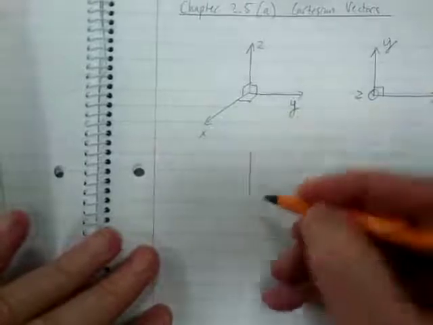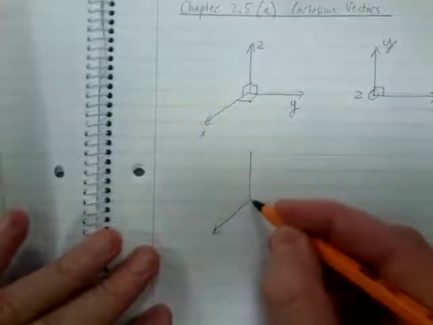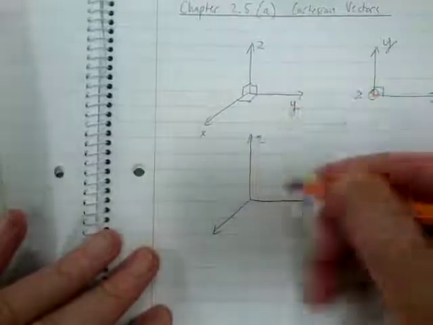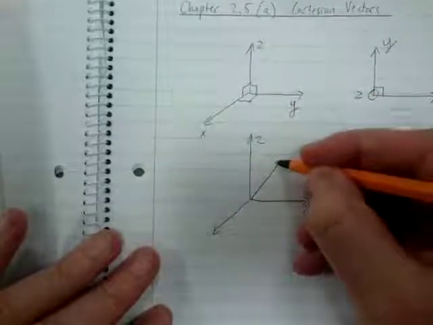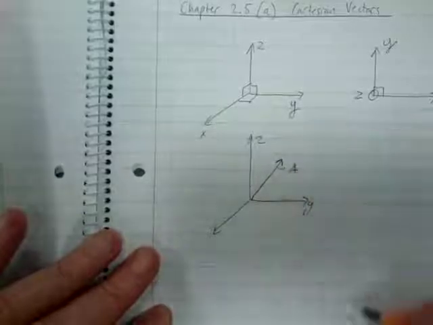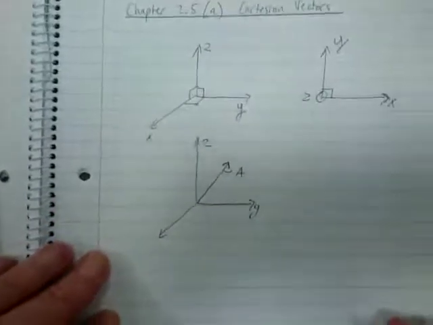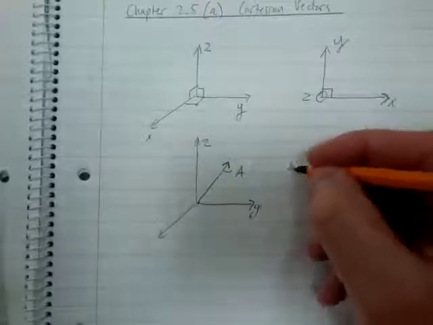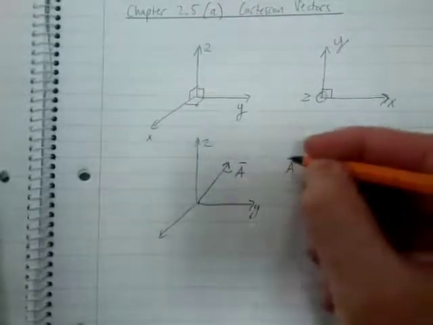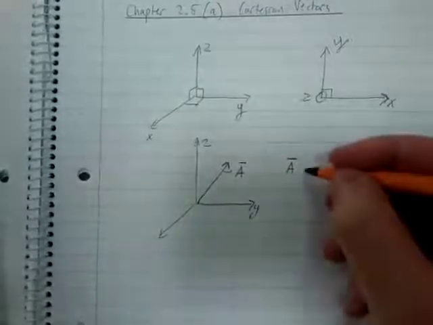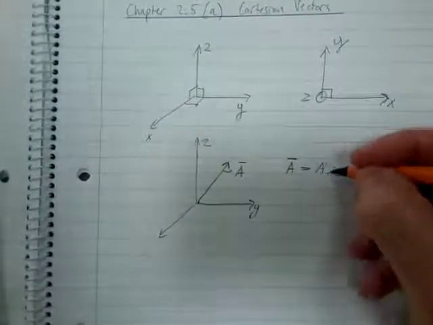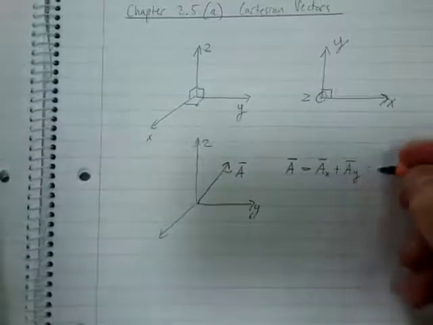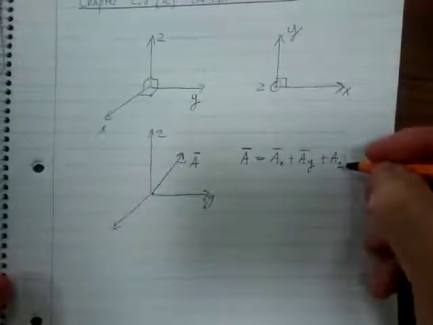Again, if we have our x, y, and z axes, and we have a vector here, vector A, then in 3 dimensions this vector A, I'm going to put a little bar over it, is made up of 3 components: A x plus A y plus A z.